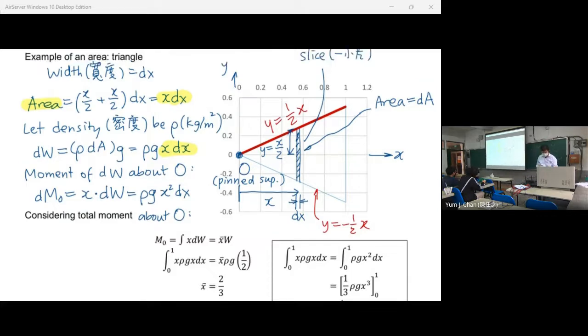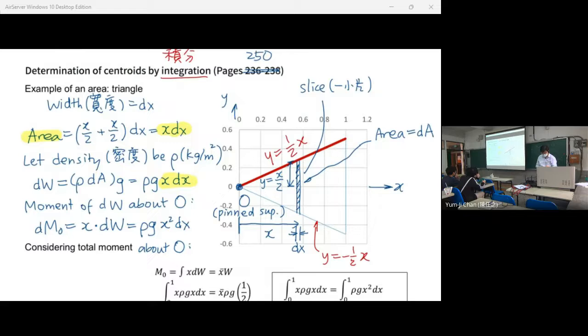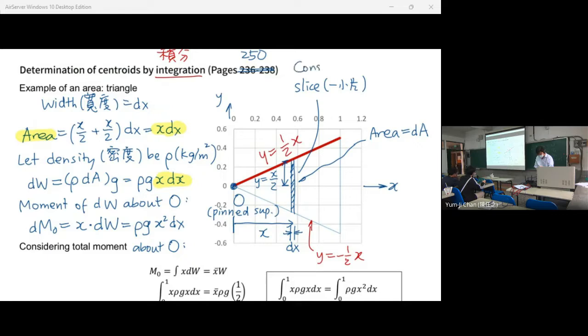I think I mentioned it last time. A slice is here, but we have many slices. We have one slice here, then here, then here, going to here.